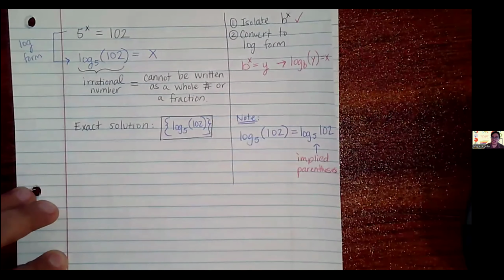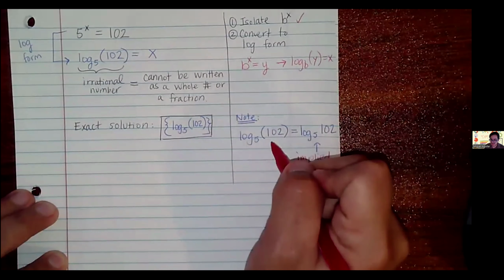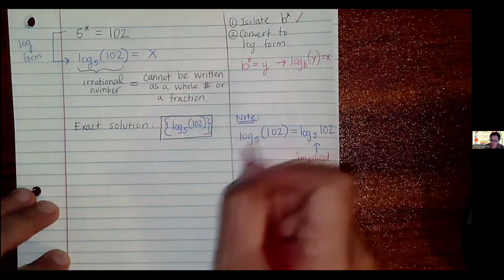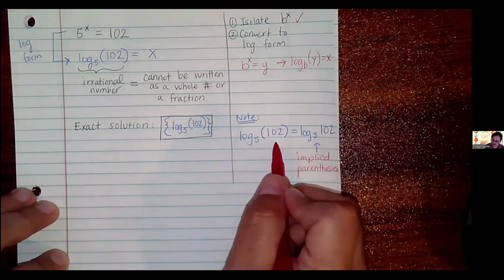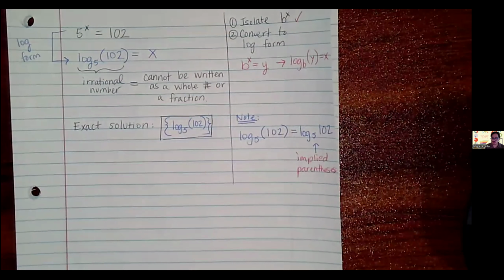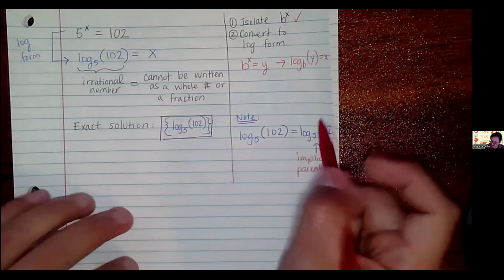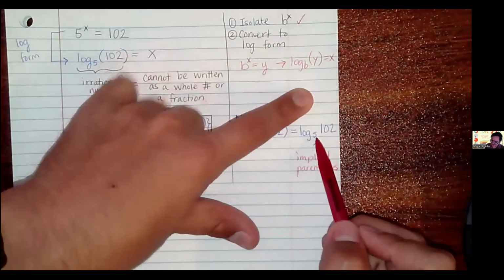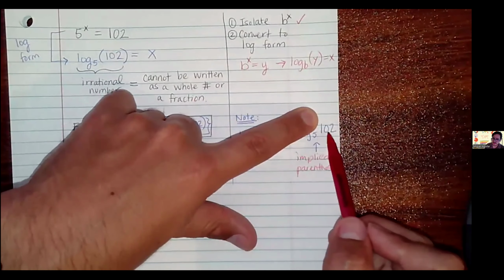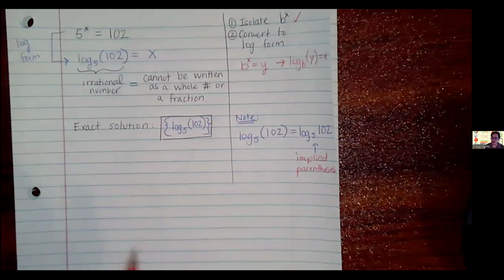But when you're writing stuff down on paper, I highly recommend that you just keep those parentheses because remember, this is a log function, and the stuff in the parentheses is the input of that function. So I think when you lose the parentheses, you're starting to lose some of the facts about what we're dealing with here. Okay, and then also sometimes students think that this is now log 5 to the 102 power, and that's not what we're writing here.